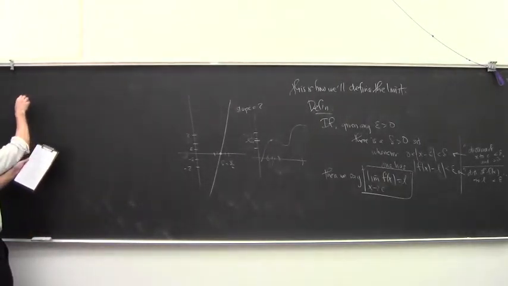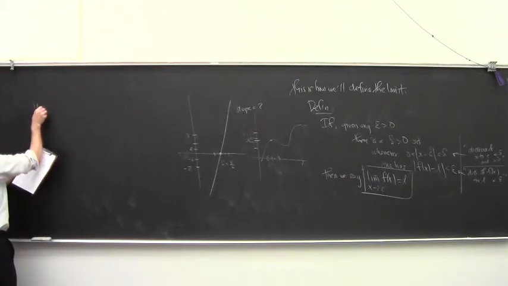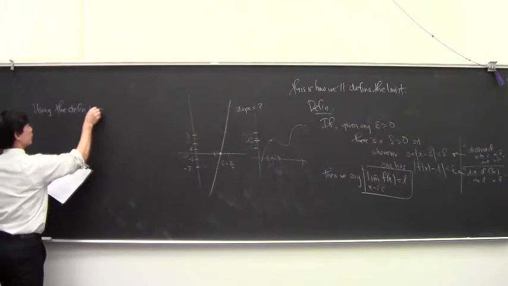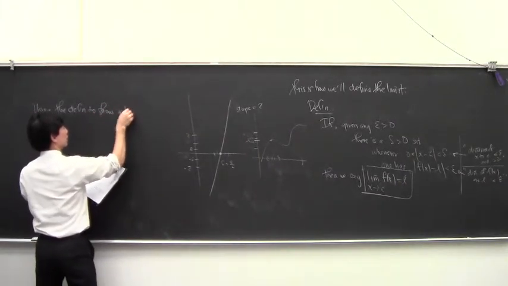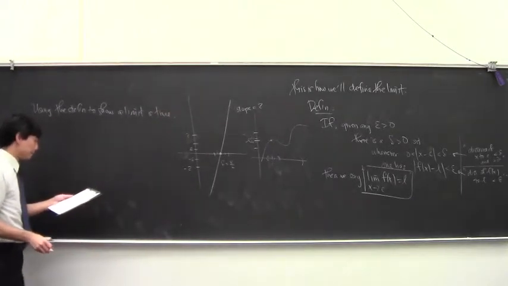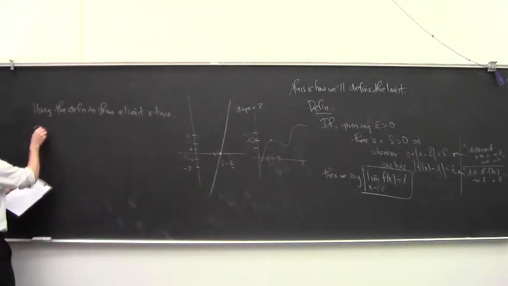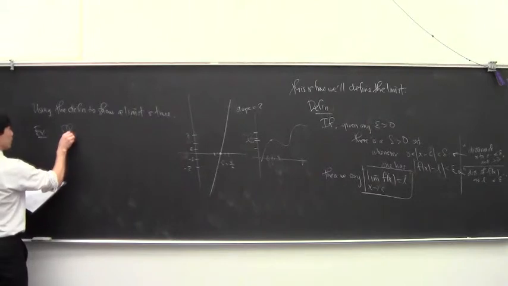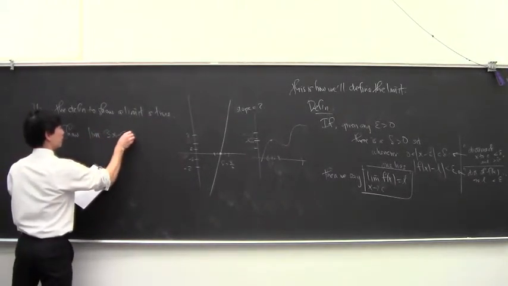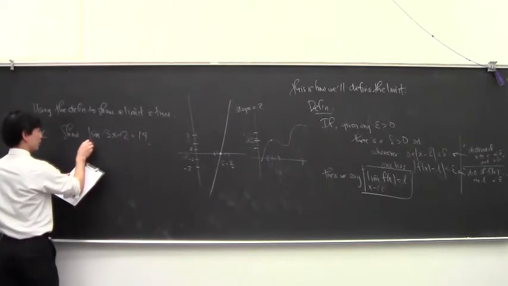Let me show you an example, and you've sort of seen this already, of how one uses the definition to show a limit is true. So here's the example. Show that the limit of 3x plus 2 is 14 as x approaches 4.